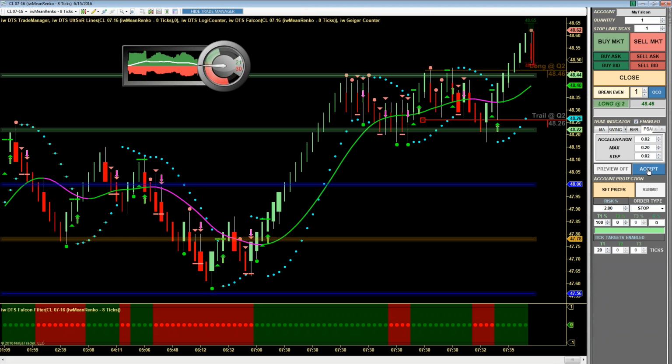See, all I had to do is click accept, and it moved me into parabolic mode. That may prove to be a touch early because we're just breaking out and retesting now. Market might need a little bit more wiggle room.